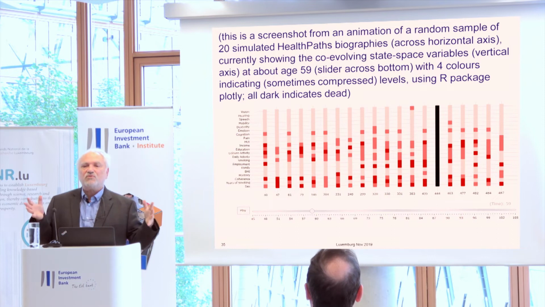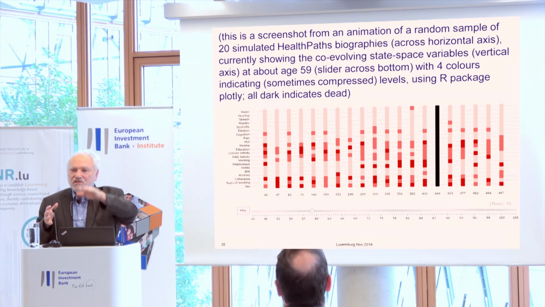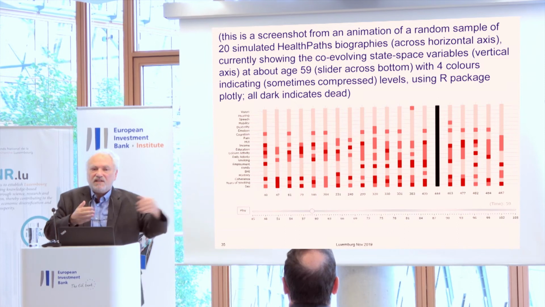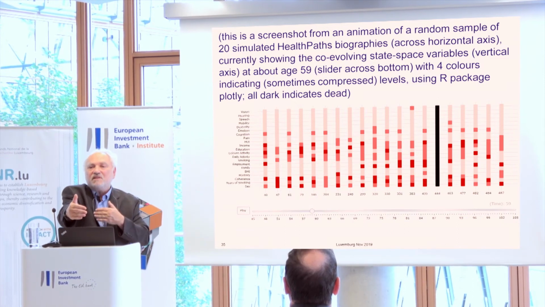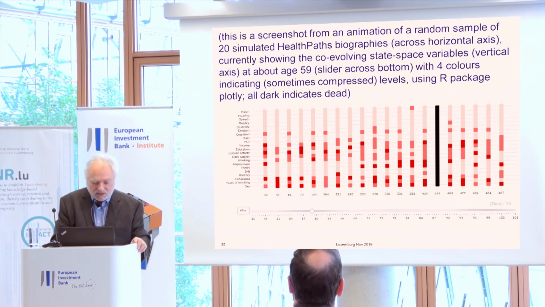What you can think of as the result of a simulation is we have 20 variables that are the state variables for each individual. We have years of age up to 100 or 110. And then we have jillions of people whose life histories, whose biographies, have been synthesized. What we did here is we took 500 people and randomly drew a subsample of 20.